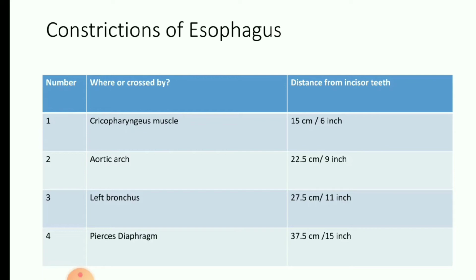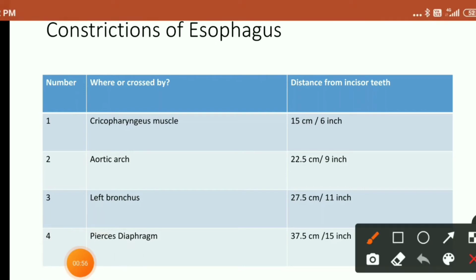So in this chart, you will see mainly 3 columns. First, the number of constrictions. Then by which structures it is crossed. And finally the length of the constrictions from the incisor teeth.